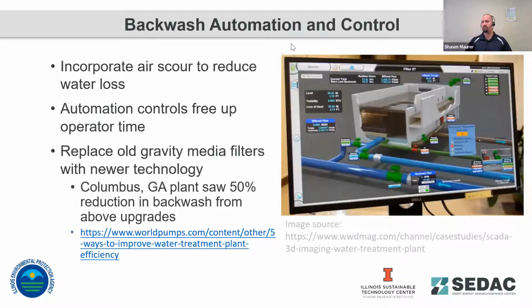But something else to look at for minimizing water waste is your backwash controls. A lot of the wastewater systems CDAC has looked at in our past program year employ gravity sand filters or pressurized vessel sand filters. And the way they do backwash to those systems is they reverse the flow of water through that system.